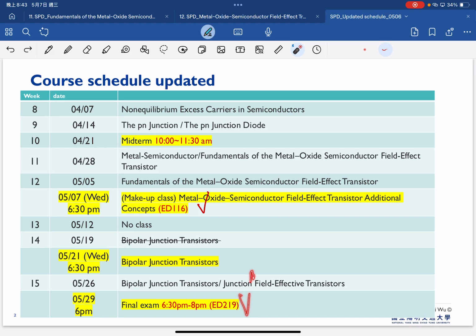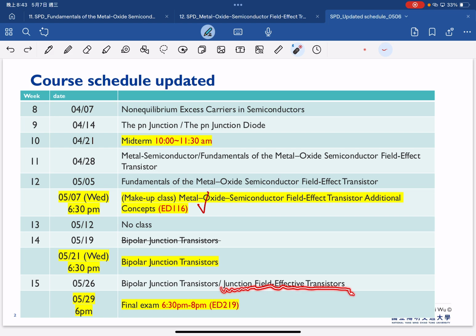One more thing: we need to spend probably half a class to explain the midterm and give you the chance to discuss if there is any mistake. So there might be a situation where we do not have enough time to talk about the junction field effect transistor. But it's fine. This will not be included in the final exam. In the last several years, I never included any question on the junction FET.